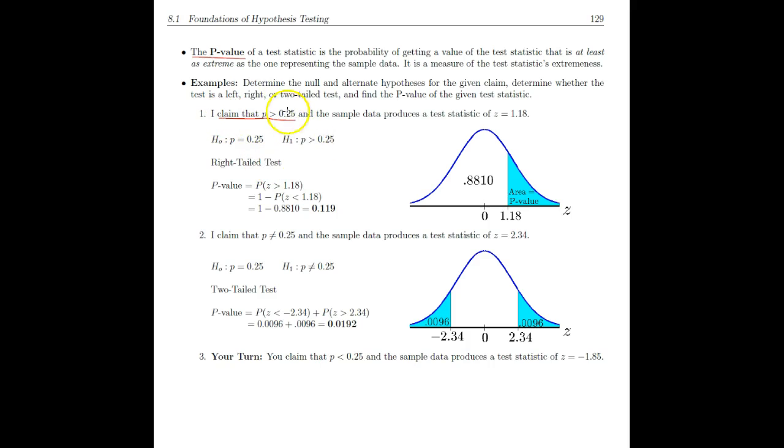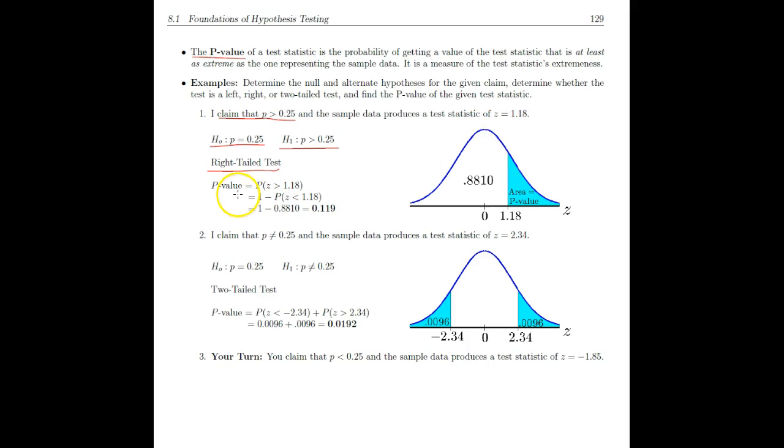My null is going to impose equality, so my null hypothesis is p equals 0.25. My alternate hypothesis will support my claim. And since I'm trying to claim that p is greater than 0.25, this is a right-tailed test. And I got a test statistic of 1.18.